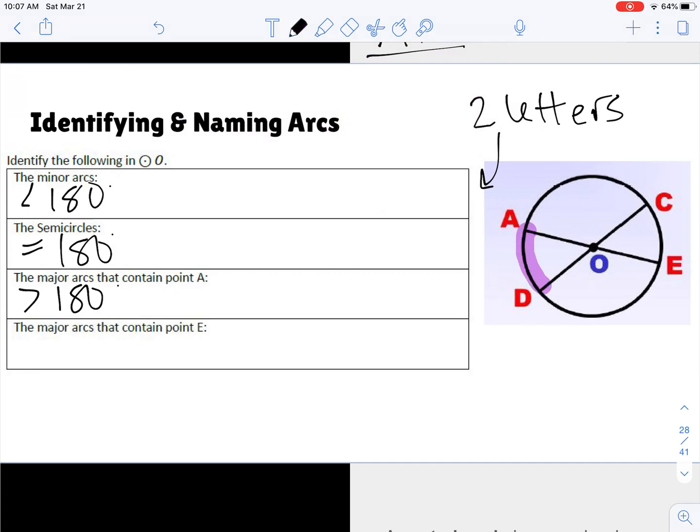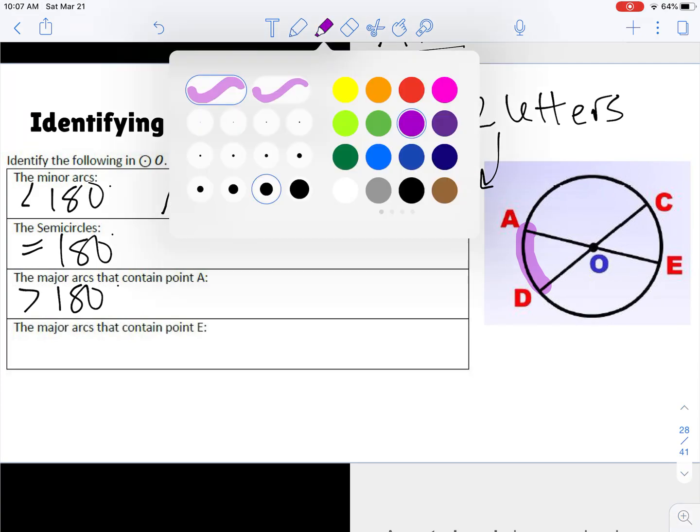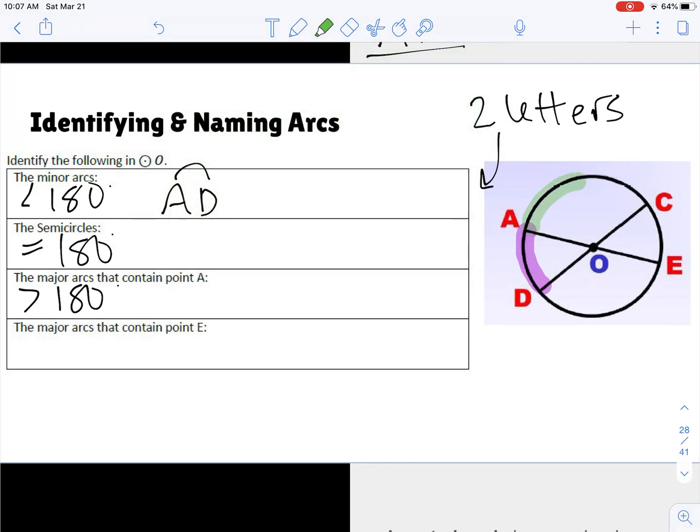So I would write the two endpoints and then put the arc symbol on top. Another minor arc in this picture would be from A to C. It's also a minor arc. Okay, and then there's two more. There's arc CE, and then there's arc DE.